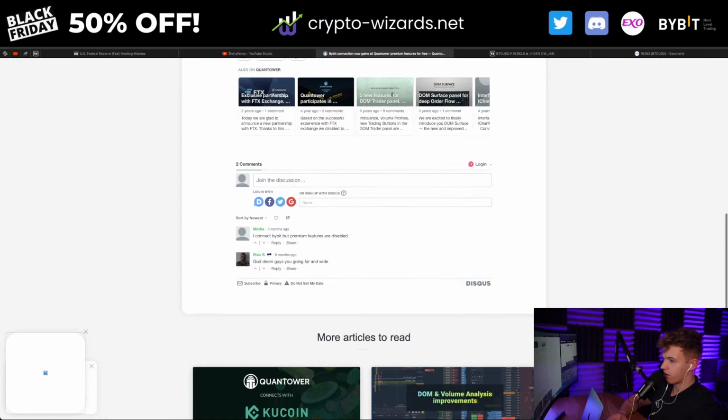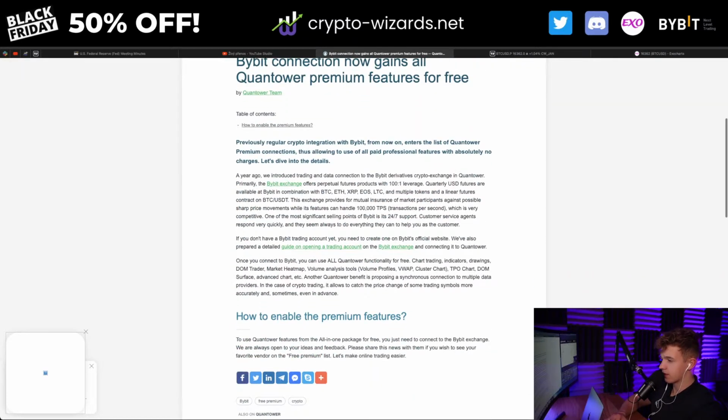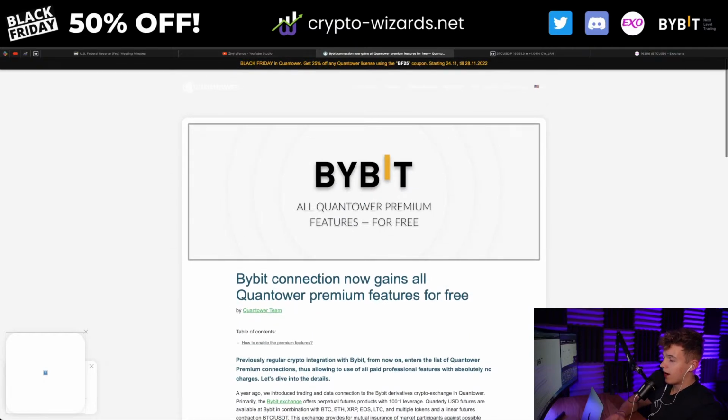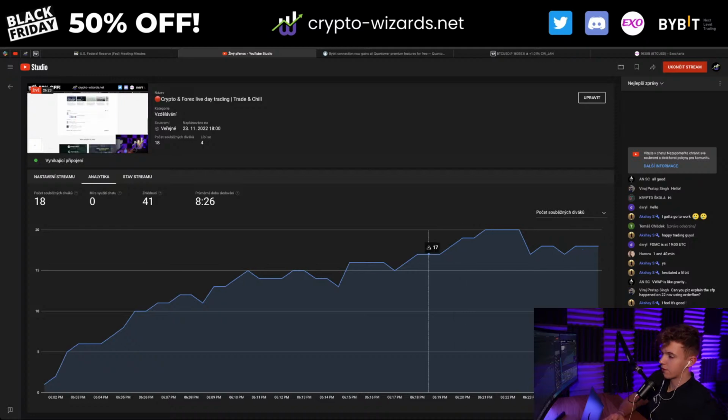Okay, this is cool. So for people watching, you can give it a try if you have Windows, and you'll see. I know that I can use Parallels and these things, but I just don't want to be using this. Yeah, I see. You just log in with Bybit API and you have the premium for free. Yeah, that's cool. That's nice.